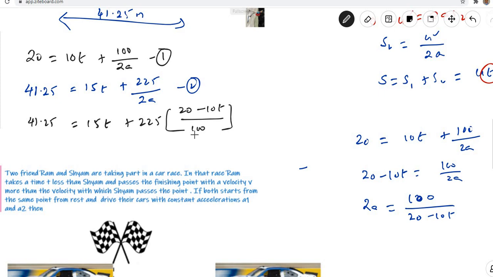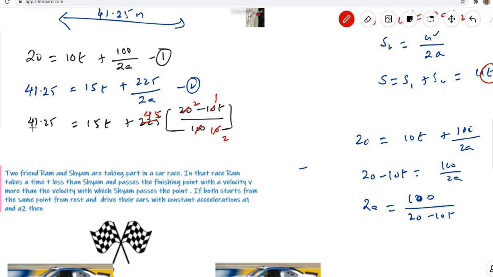Now we can simplify this with the 10 first. So the 10s will be gone. This is 10 twos. This is 10 ones. Again, 5 twos will be there, and this will be 5 fours, 20, 5 fives, 45. So now we cross multiply.